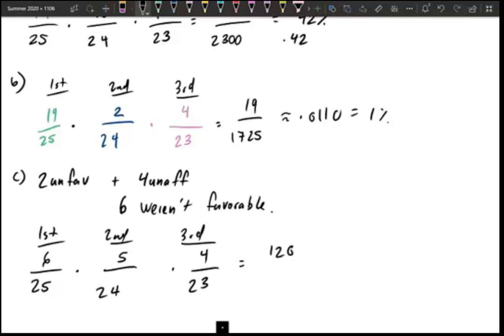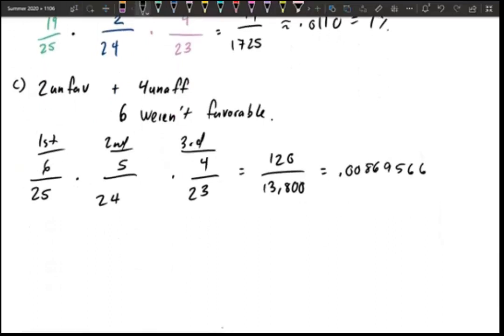And then 25 times 24 times 23, we get 13,800. We simplify that. So we get about 0.00869566, which in percentage is 0.0087% of the time.